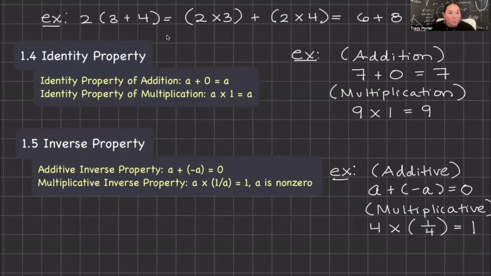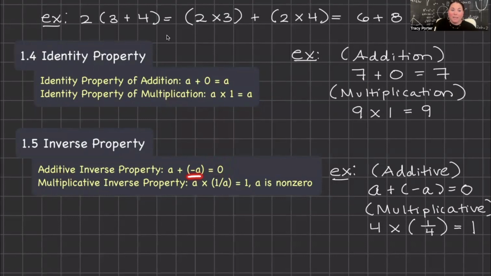Now, the inverse property is kind of related, but now, whether you're doing the additive or the multiplicative inverse, you're trying to figure out what you would add or multiply to get back to the identity. So for addition, if I want to get back to 0, which is the additive identity, I would have to add the opposite of a number.